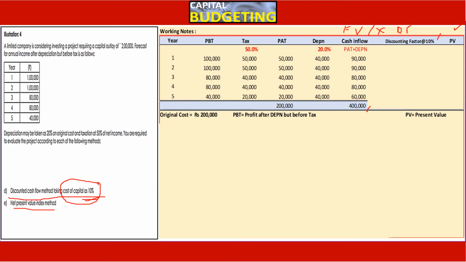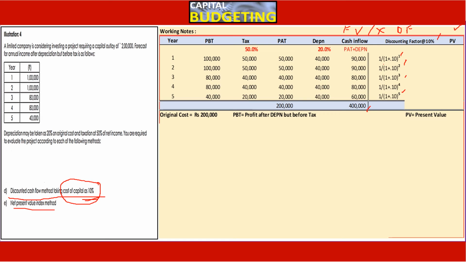Therefore, we need to identify the discount factor against each inflow. If it is 10% for the first year, the discount factor is 1 divided by 1 plus 10% to the power of 1. Second year to the power of 2. Third, fourth, fifth, 1 divided by 1.1 to the power of 5.